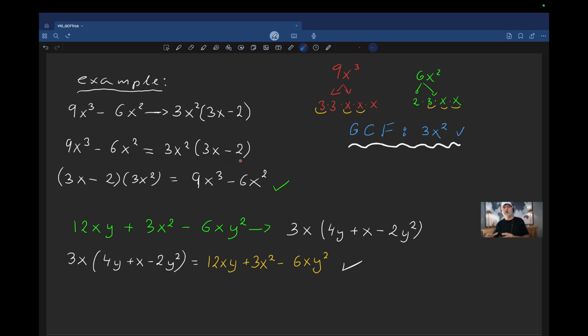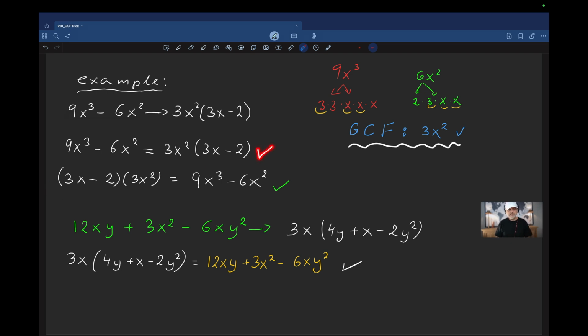So this is how you always get the leftover, if you will. And how do you know how many terms you have left over? I started with 2. When I divide each by the greatest common factor, I must have 2 inside the bracket. So no less, no more.